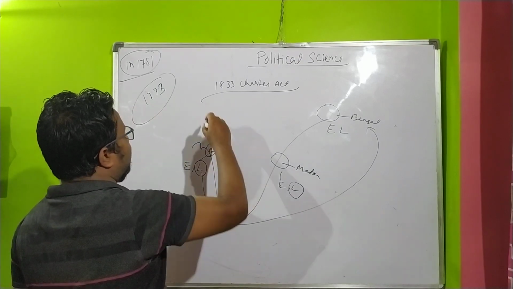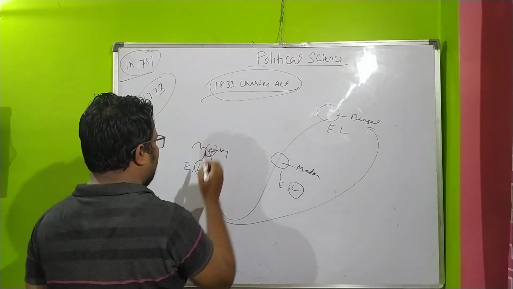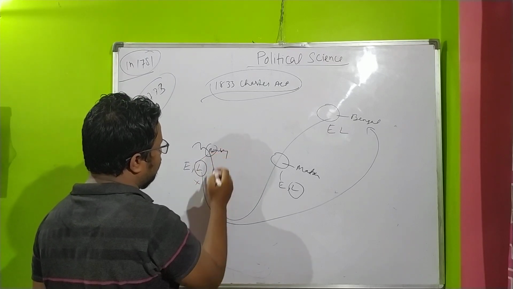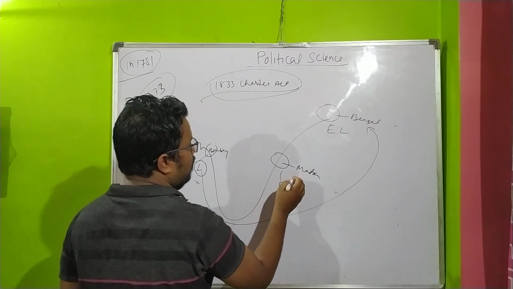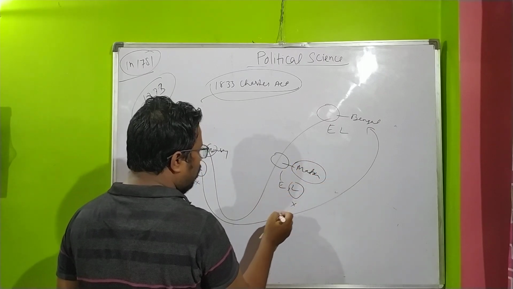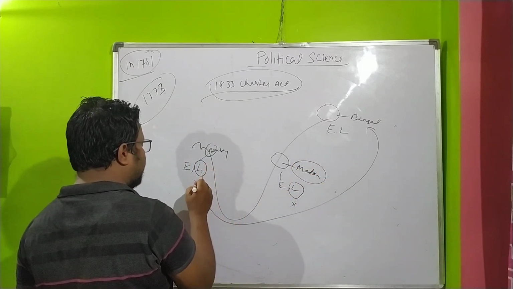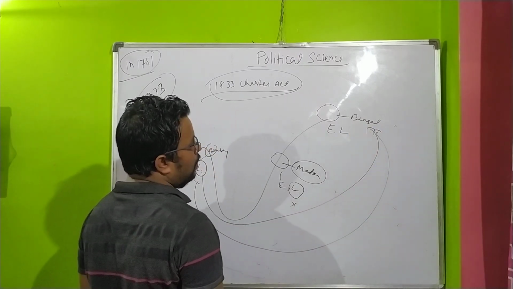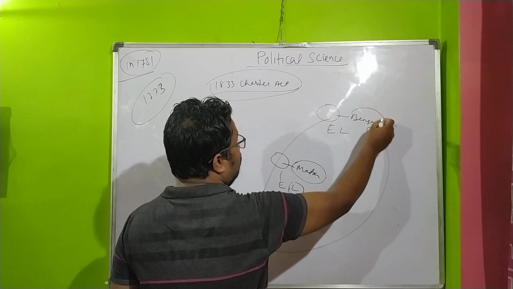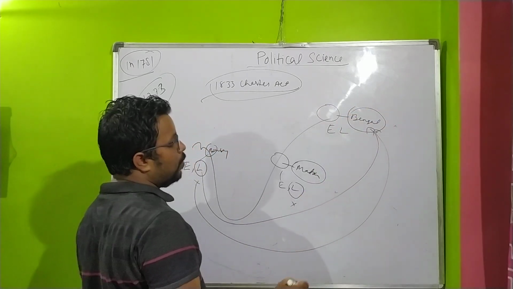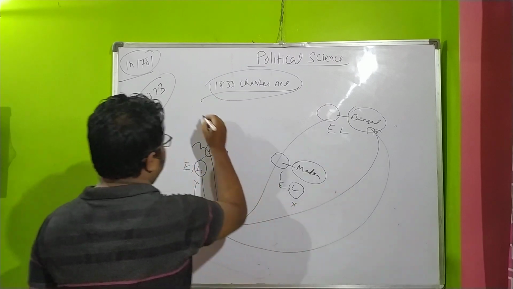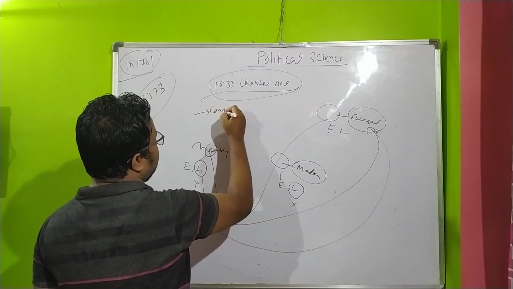Now, in 1833, what happens? Whatever remaining legislative powers were there with the Bombay Governor and Madras were curtailed and given to Bengal. That means the Governor of Bengal was given more power.